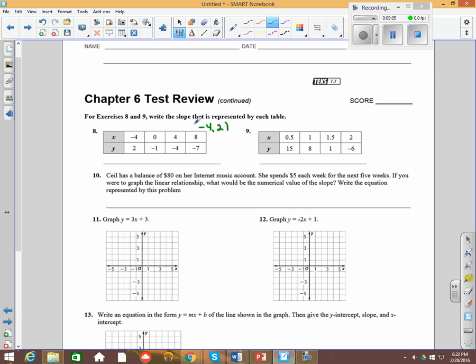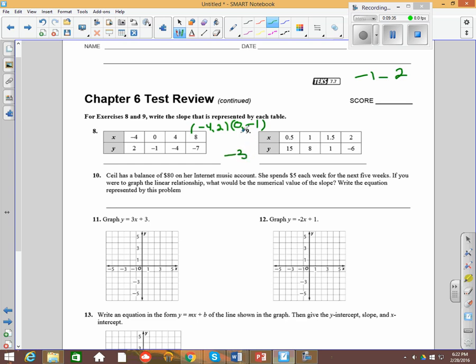And the other coordinate is x is 0, y is -1. Now if we subtract -1 minus 2, don't get confused, look at it carefully. That answer is -3.